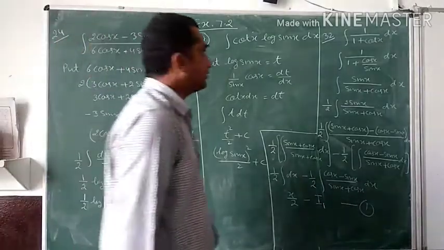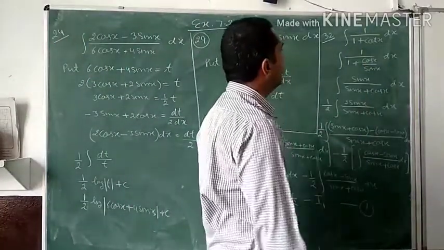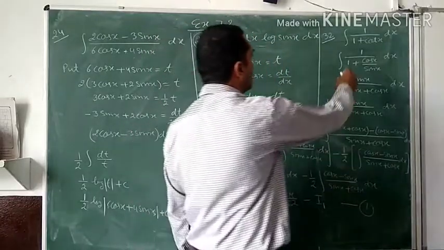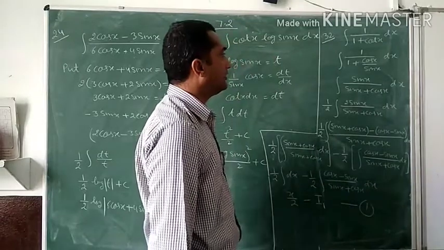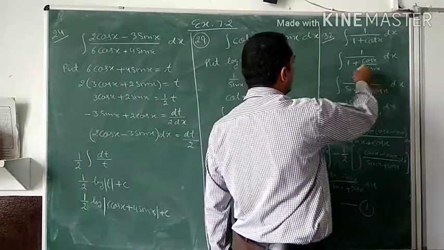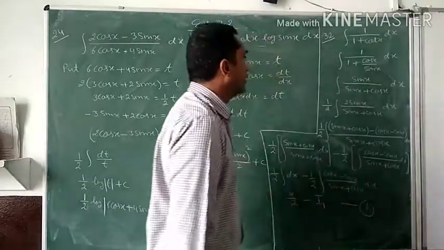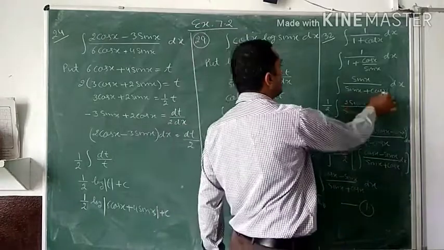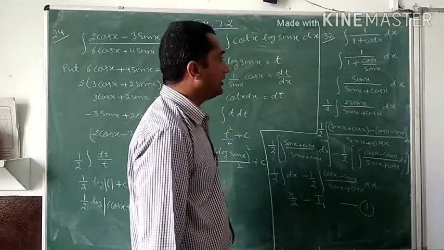Next, question number 32, integrating 1 over 1 plus cot x dx. Integrating 1 over 1 plus cos x over sin x dx. Solve this, and you will get sin x over sin x plus cos x dx. Now you have to remove the denominator, because there should be no variable in the denominator.